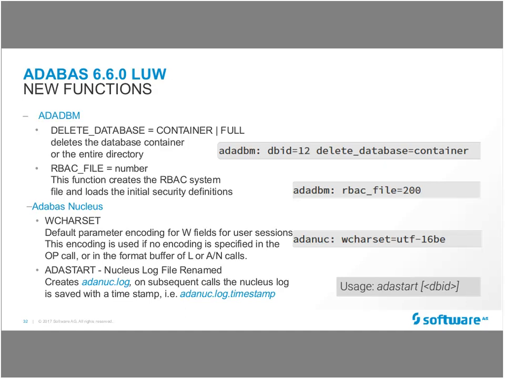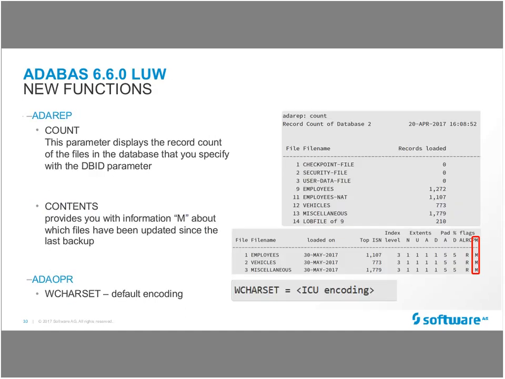Therefore, we said, okay, we keep the name ada.nuc.log, but when we start again, then we save the current log file from the last session with a timestamp, so you do not lose information which you might use for your own purposes, or in case of a problem, you can use it to call support and talk about what happened at that time.